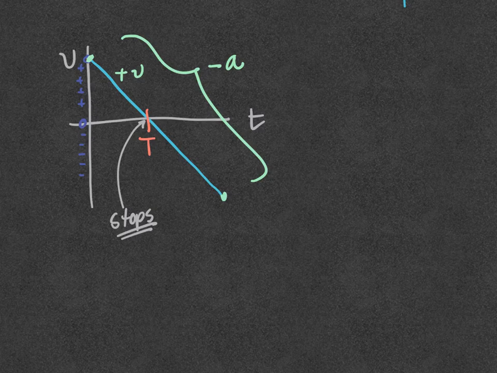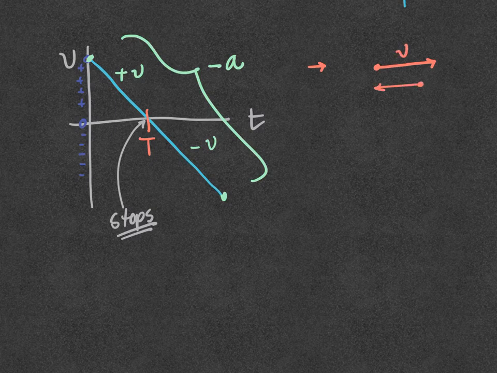Then later, after capital T, the particle continues to move, but all of these velocities are negative because it's below the time axis, so we have negative velocity. So if I use my vector argument that I used earlier for the top part, I have a positive velocity and a negative acceleration.